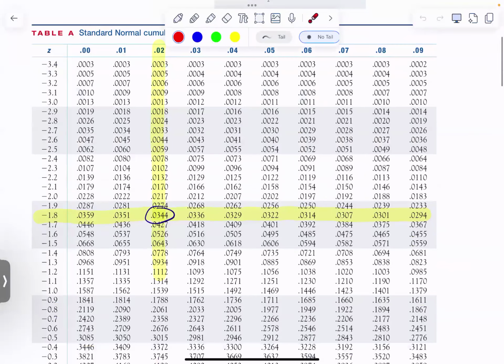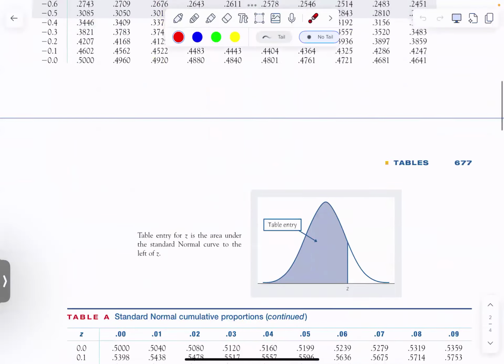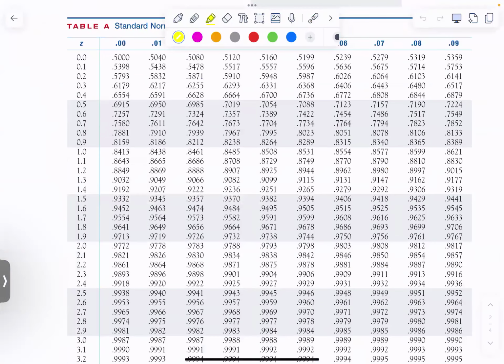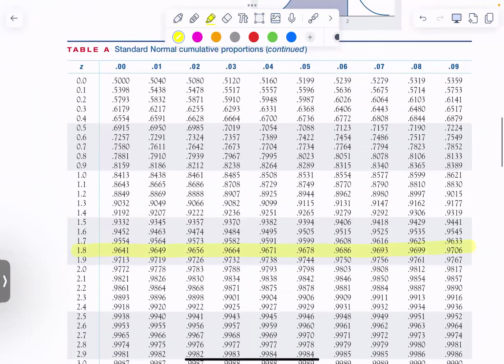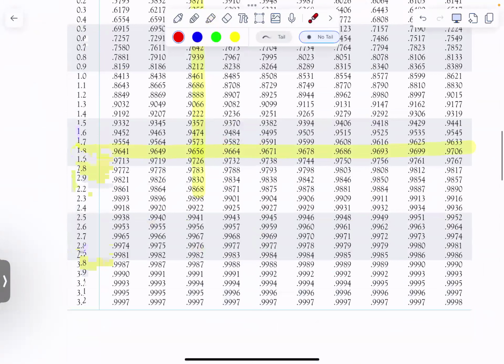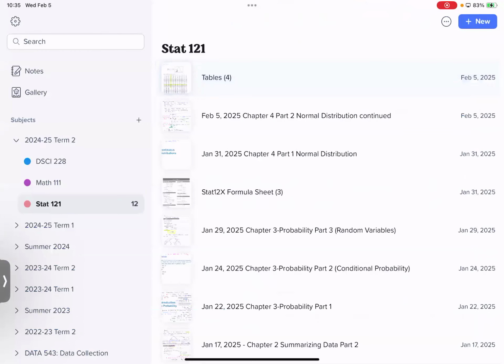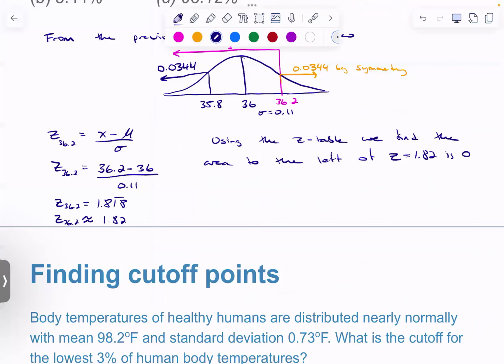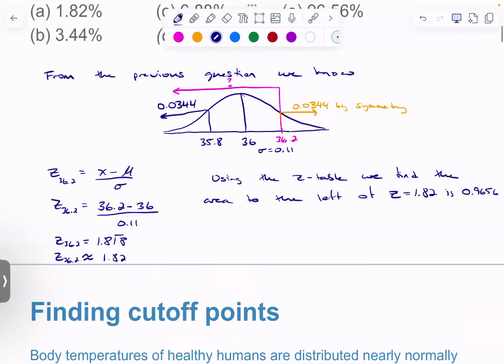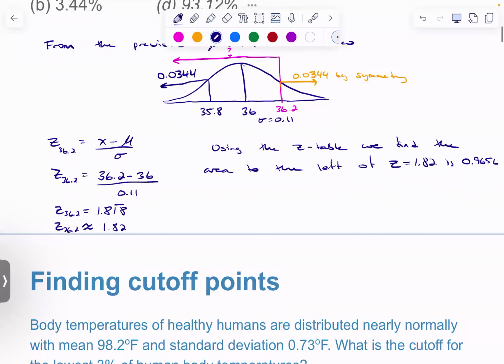Make sure you're on the positive side of z, and at 1.82, I get 0.9656. Or if you prefer, the probability that z is less than or equal to 1.82 is 0.9656. That's the shorthand notation if you want.